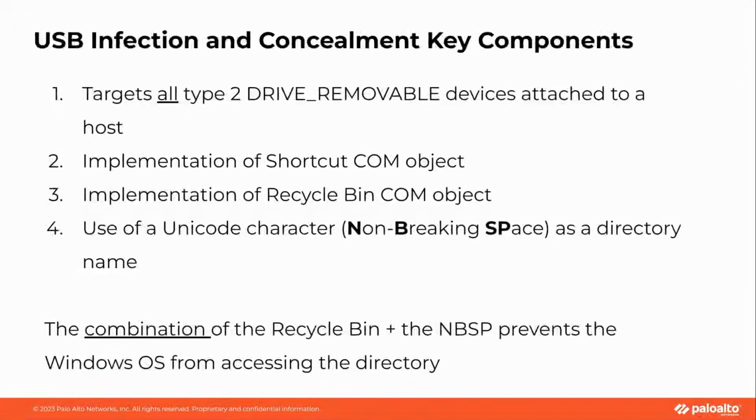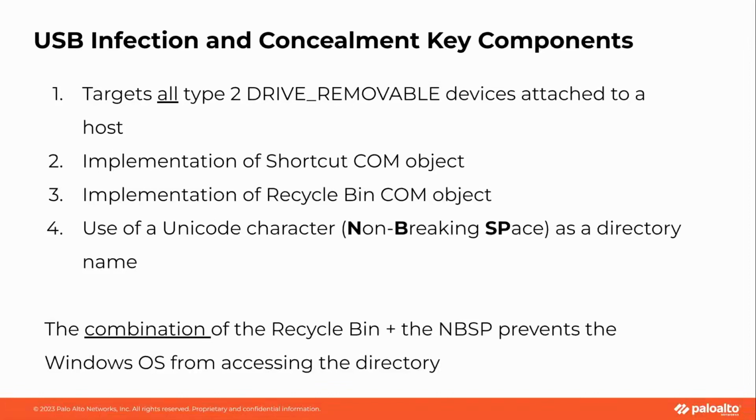This particular USB infection of this malware targets all type 2 devices, drive removable. So those are your little thumb drives, for those who don't know. It implements 2 COM objects to achieve its goal, one being the shortcut, the next being the recycle bin. And this is the important part. The use of a Unicode character, non-breaking space, or NBSP for short, to conceal itself, basically to trick or to hide itself from users.